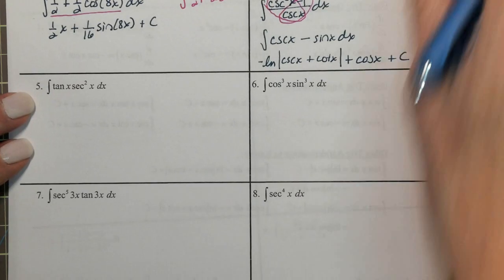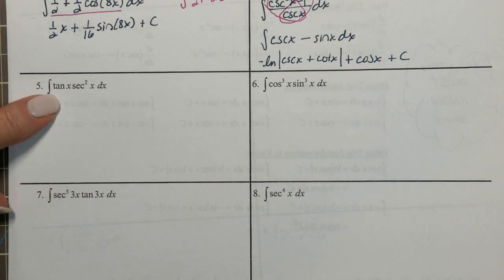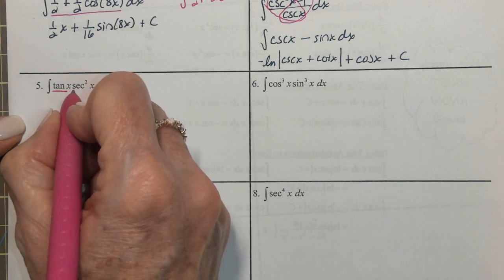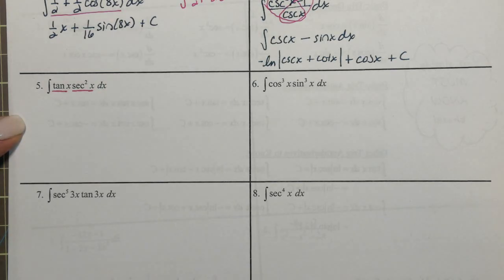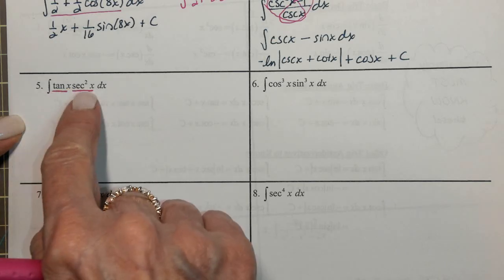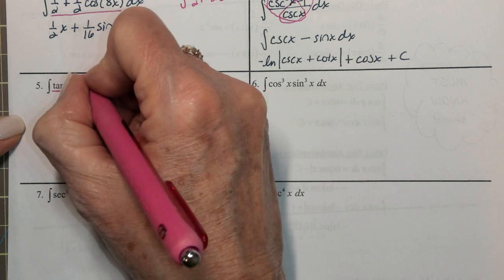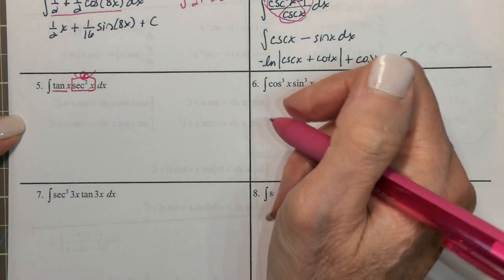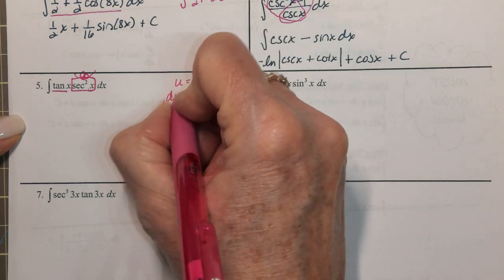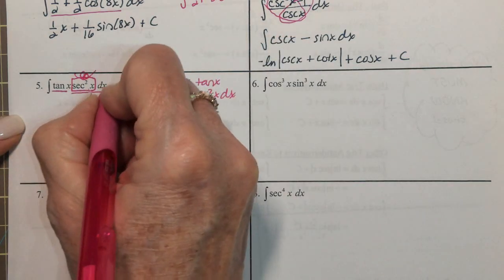All right, number 5. When I look at number 5, I see a function and I see its derivative. So I know exactly what I'm going to do here. I'm going to u sub that function because its derivative is sitting there like a Christmas present from Santa Claus. Okay? So u will be tangent x, du is secant squared x dx, exactly what's written here.